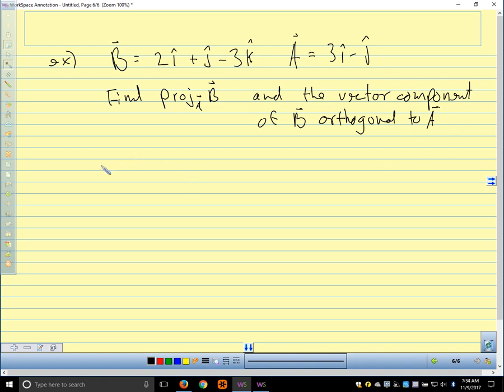All right, so we're just going to go through our process. The projection onto A of B, and I'm going to say that's W1 in our notation, is we're just going to do B dot A over the magnitude, since we're projecting onto A, of A squared times A. Well, B dot A, what is B dot A?